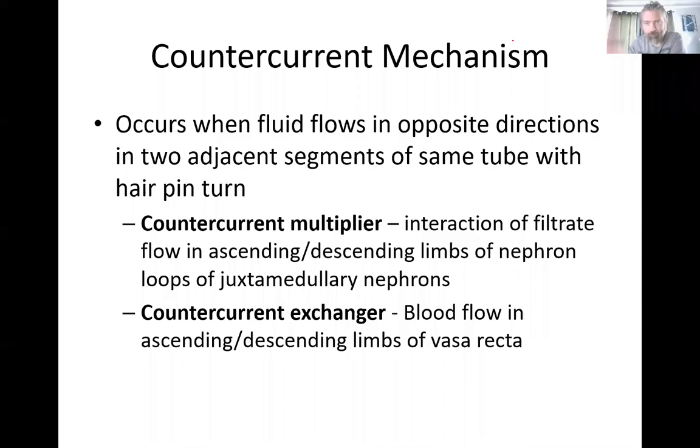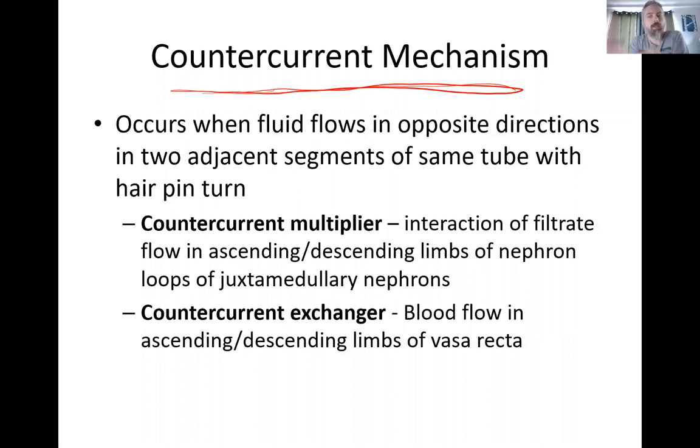Let's go ahead. So what we saw there before was an example of what we call this countercurrent mechanism, where we have flow coming down the descending limb and then flow coming back up the ascending limb. And then as we pass from the loop of Henle through the DCT into that collecting duct, we're then again going down one more time in the opposite direction as we head back down past that ascending limb coming down.